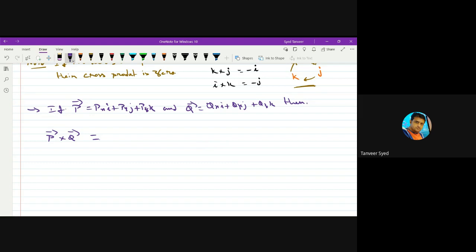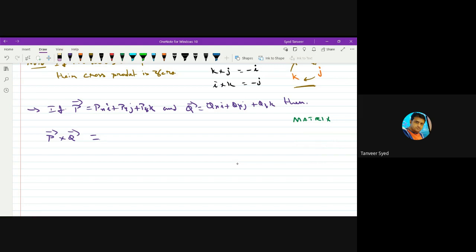What we do here is, you take these two vectors, pxi, pyj, pzk, qxi, qyj, qzk, and you write them in the form of a matrix. Matrix means rows and columns. If you arrange something in rows and columns, you call this arrangement a matrix.